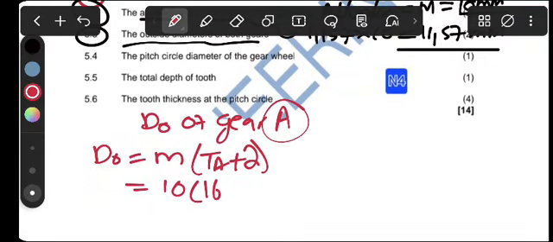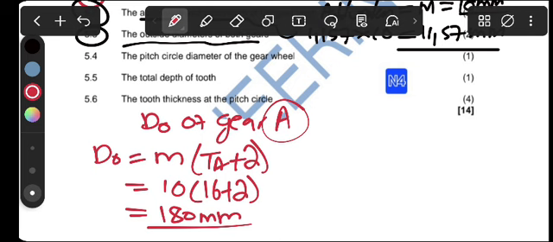We say 16 plus 2, so it's the same as 10 multiplied by 18. Then simply take 10 multiplied by 18, which is 180. This equals 180 millimeters.